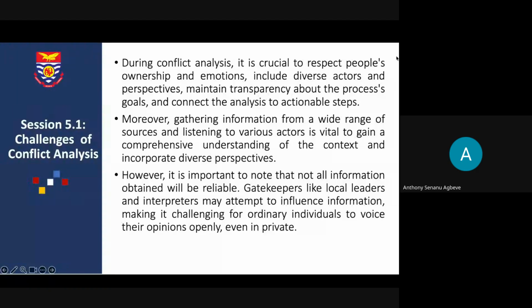If you have to talk to about 300 people, these 300 people may include individuals, institutions, community leaders, and all that.